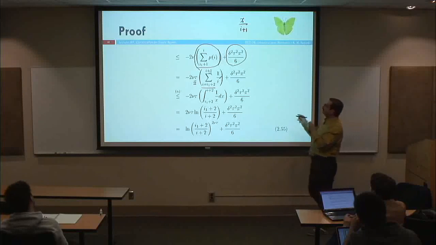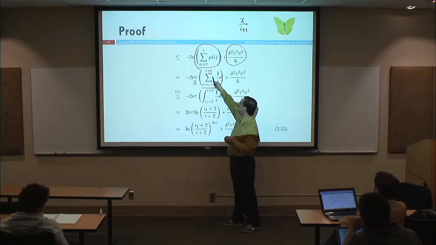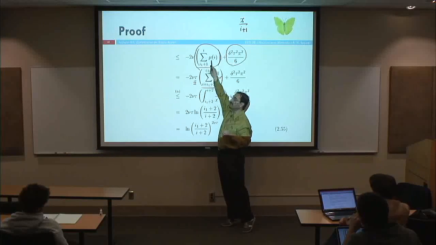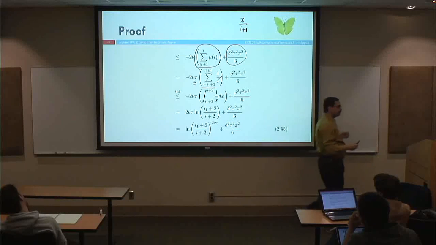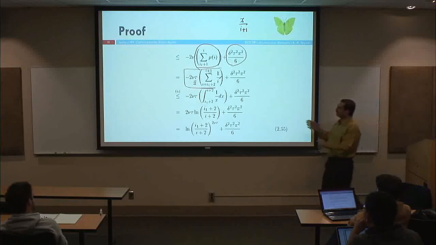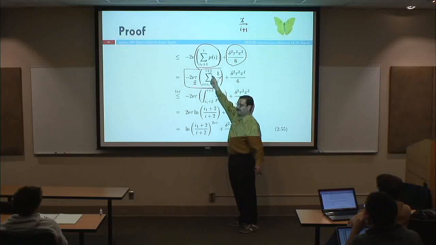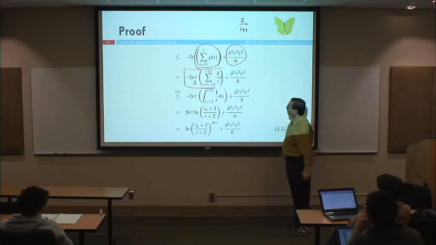Instead of writing I plus 1 here, I renamed that as an I prime, and that I prime now goes from I1 plus 2 to I plus 1, rather than from I1 plus 1 to I. But now this sum is upper bounded by an integral. Why? Because of this figure. Remember, this is a sum of terms of the form 1 over I, between one limit and the other.